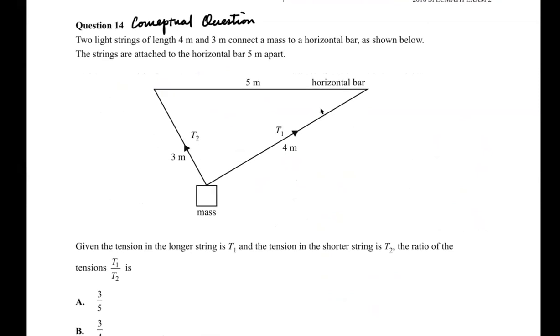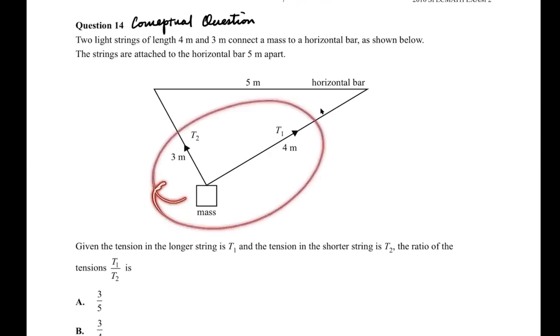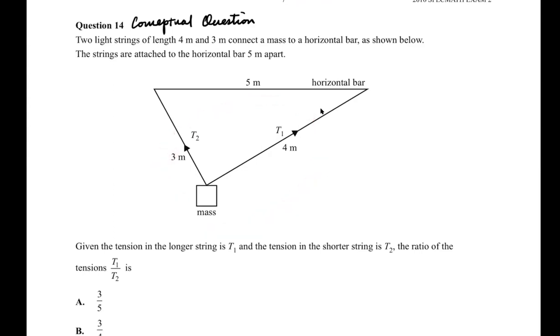Question 14. What I must say here is this diagram has no problem at all. No, it has one misleading aspect. T1, T2, the length, no, they are not drawn to the scale. For example, if you are using these two vectors to do the vector summation, this is the main diagonal, which should be deemed as the sum of two vectors.